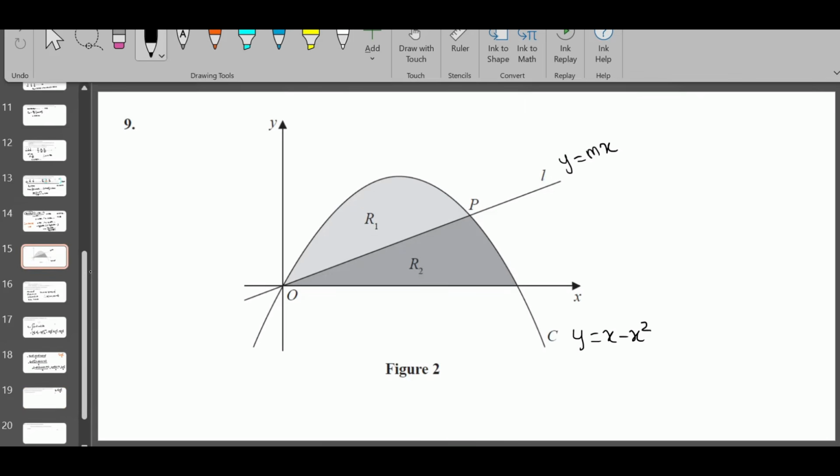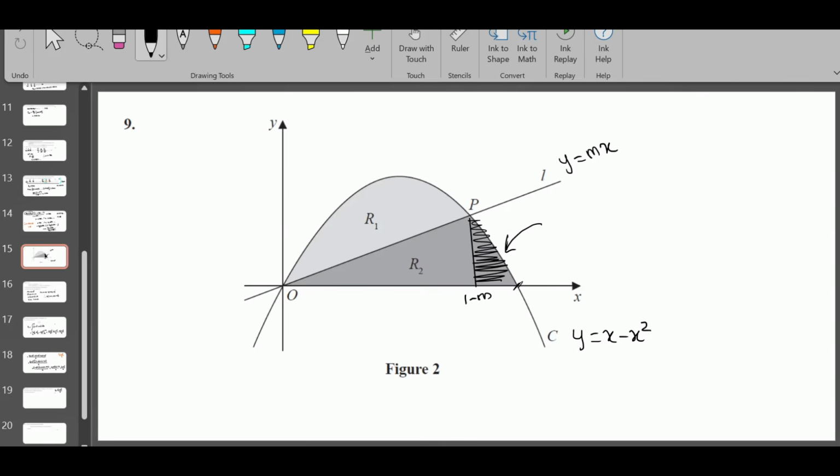When you integrate the line from 0 to the x coordinate of this point, you will get this area, right? And then if you integrate the curve C from 1 minus m to the x coordinate of this point, you will get this area. And you need to add them. So first we integrate the straight line from 0 to this.